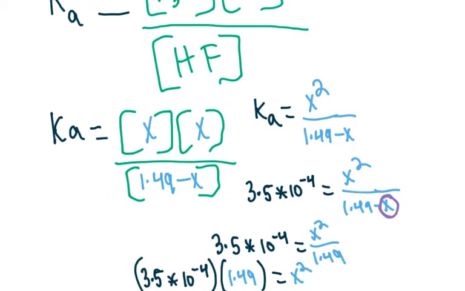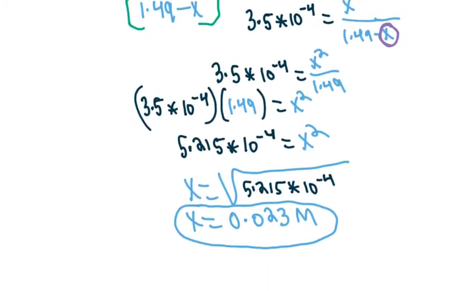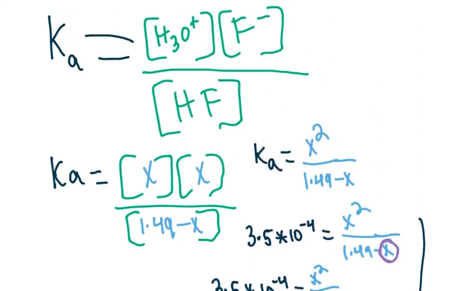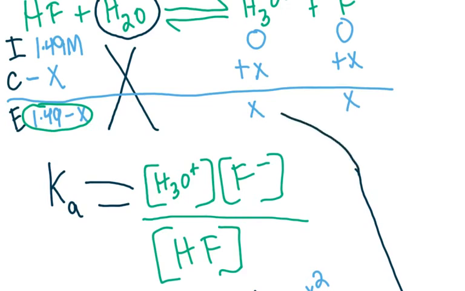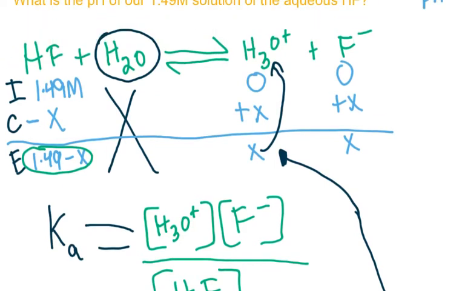And didn't we just find x? So we can relate this x value, all the way back up here, to the concentration for our hydronium cation.